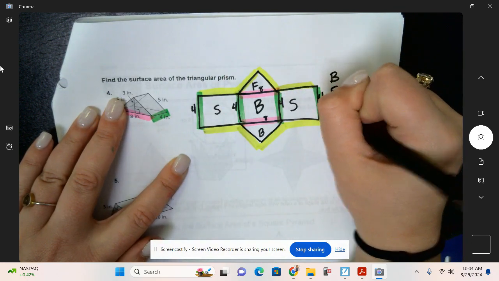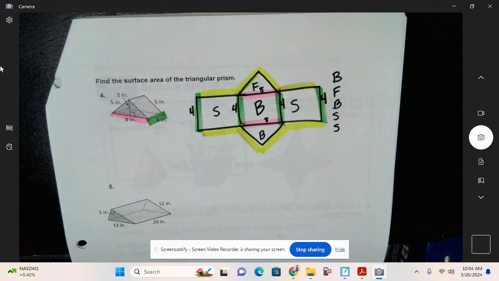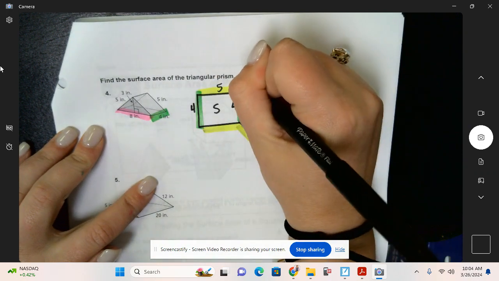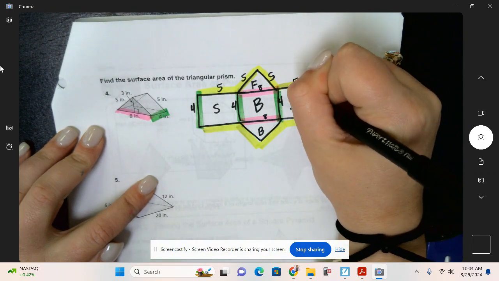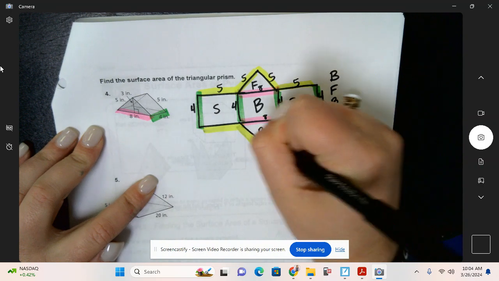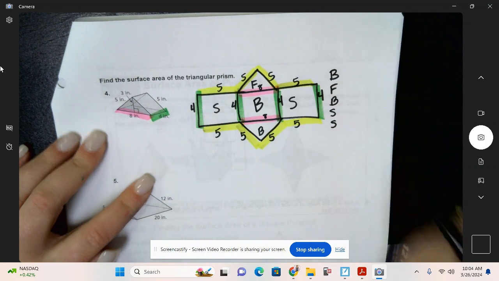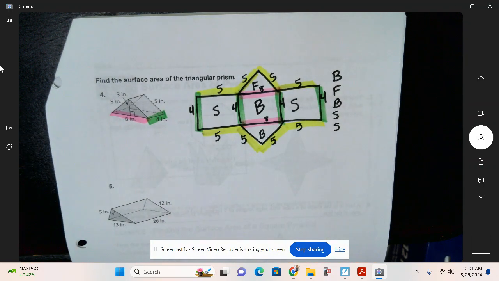And then your elbows would be 5. Your elbows are going to be your slanted pieces, right? And then we find the area of each individual one.